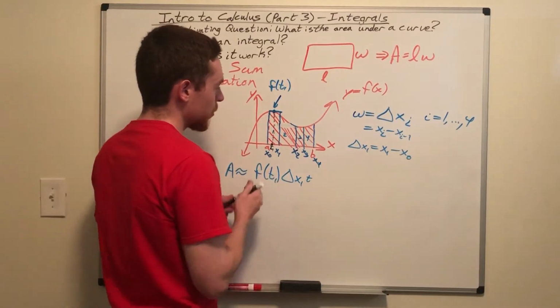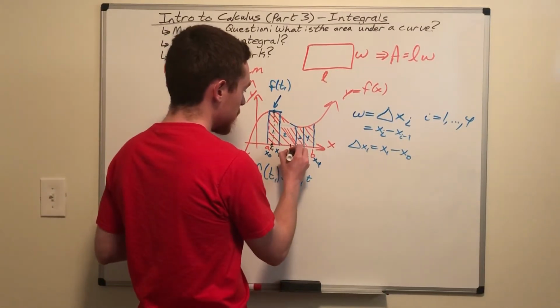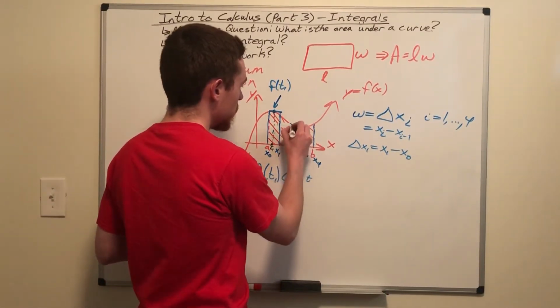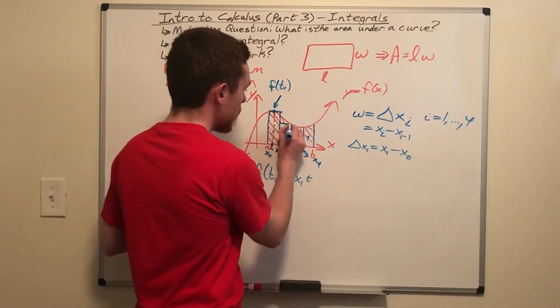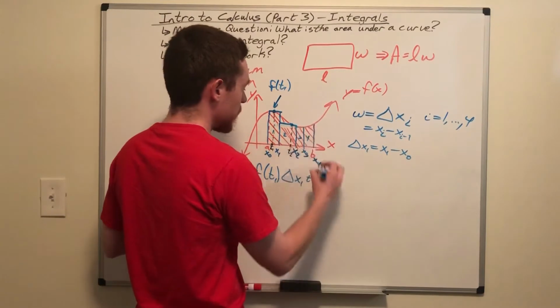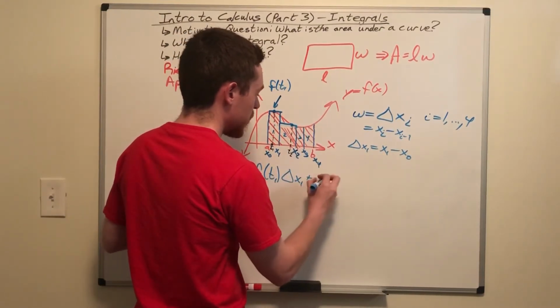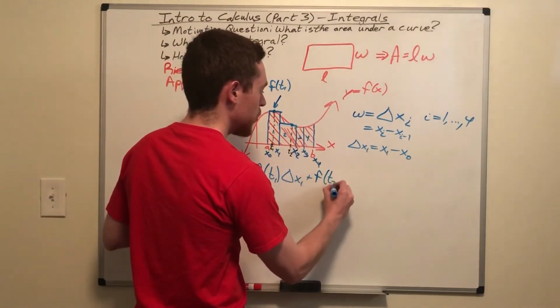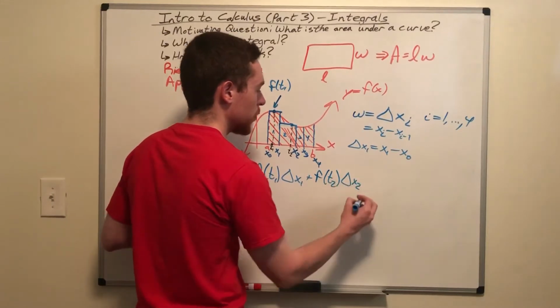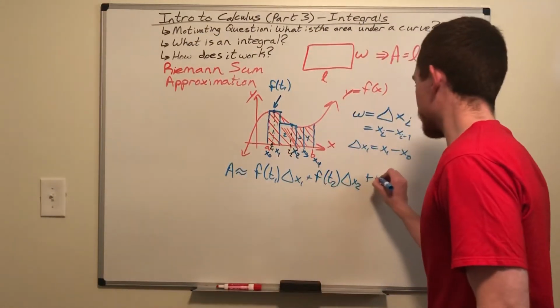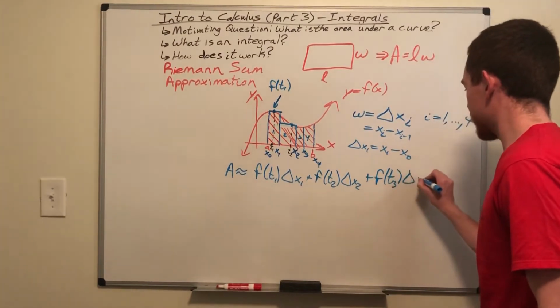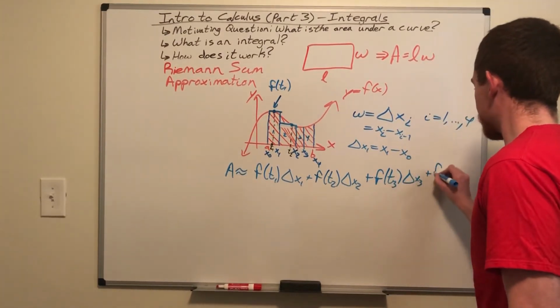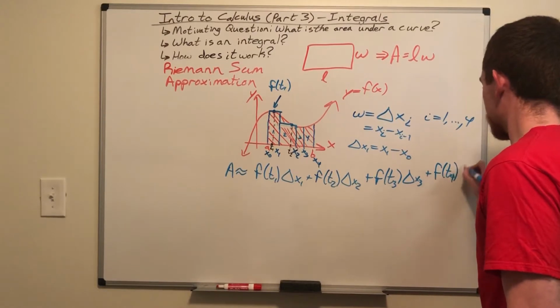Then we do the same thing with our second. Let's say our second one is over here. We draw that up, we create our rectangle, and so we would get plus f of t2 delta x2. And then you do the same thing for the third and fourth rectangles. So you'd get f of t3 delta x3 plus f of t4 delta x4.